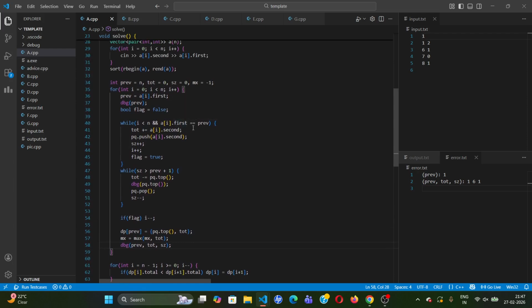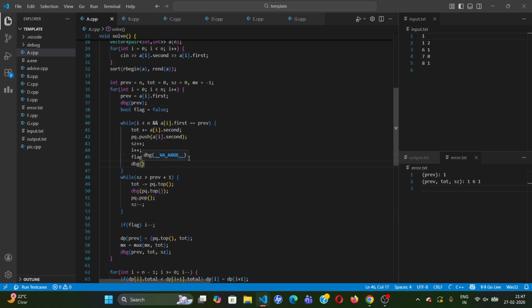I less than n, i plus plus. Yeah, y dot first equals to previous. Okay. y dot second. pq dot push. y dot second. I can debug.